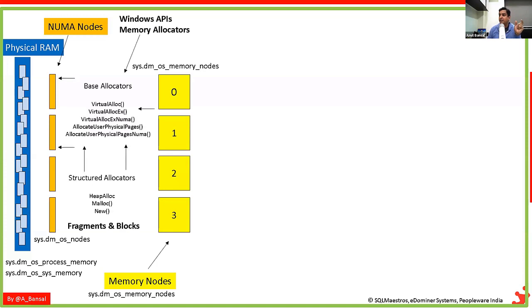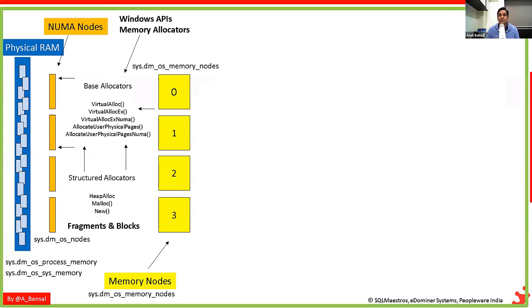That's important to note. Now, what happens is when SQL Server consumers, when I say consumers, I mean buffer pool or the plan cache or the query workspace, when they need memory, allocations are done via these nodes. They don't talk to Windows directly. And nodes in turn call the allocators, which we call as memory allocators, via Windows APIs.